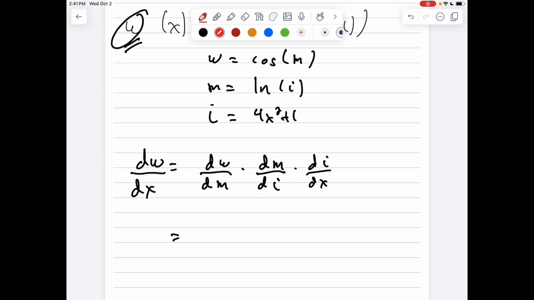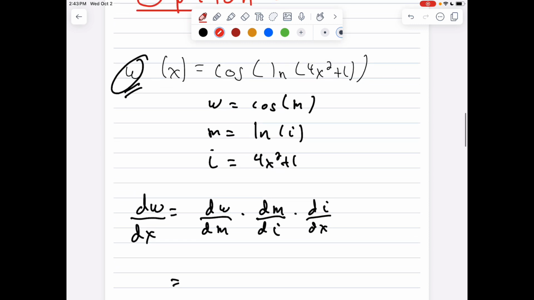Again, you start with any variable for the inner function, and then you make up another letter that represents the next function, but with the last variable, the I, in it. And last but not least, the outermost function in terms of the previous variable.